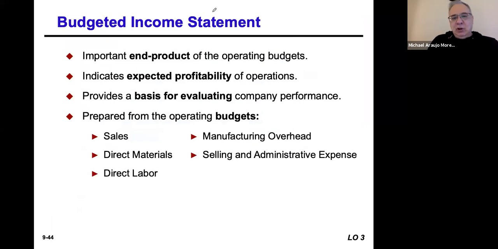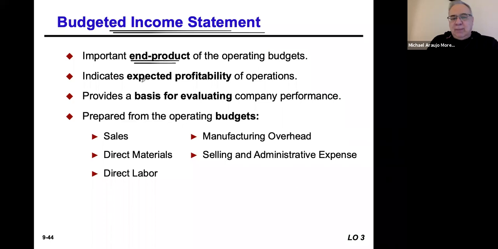So now that you know, basically those are all your operating budgets. Okay, those are all your operating budgets. So now that you know what your expected sales are and what your expected expenses are, you can do something called a budgeted income statement. Okay. So it's basically an end product of all these operating budgets that we just went over in the last couple of objectives here.